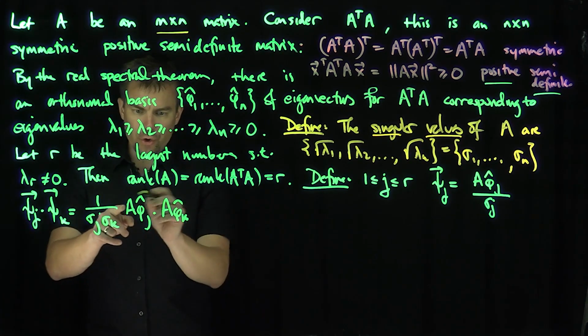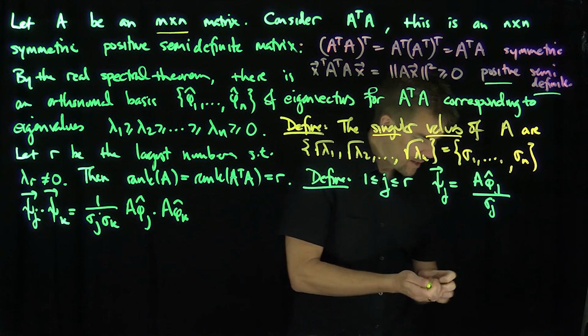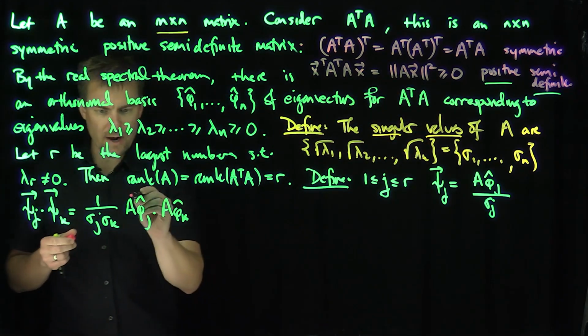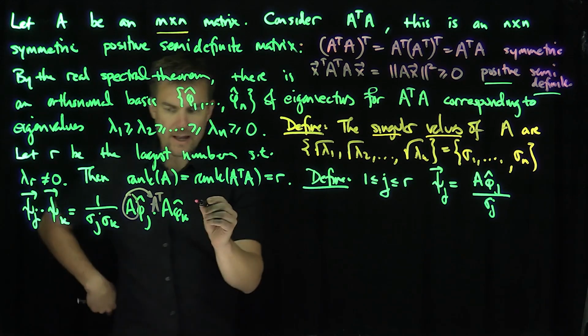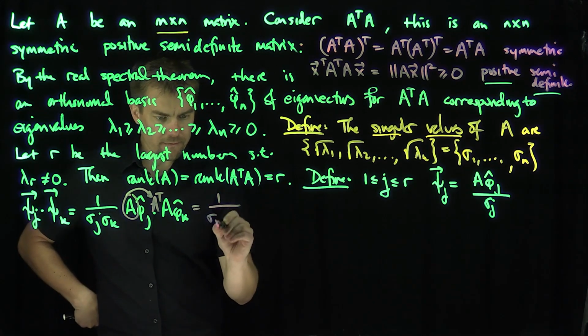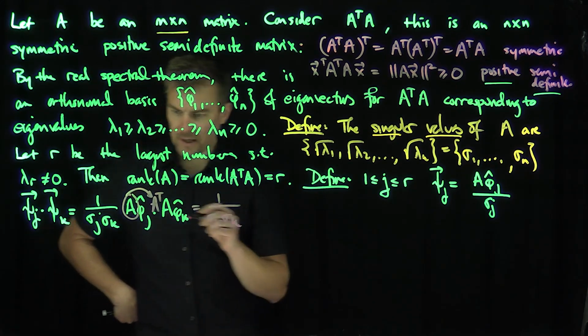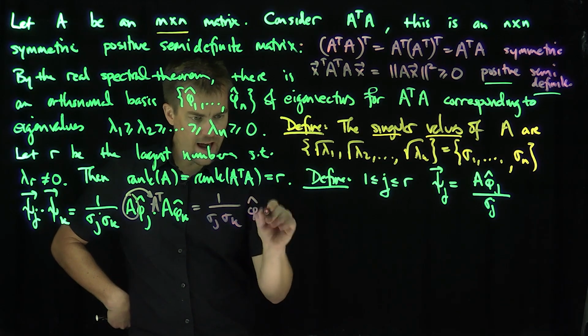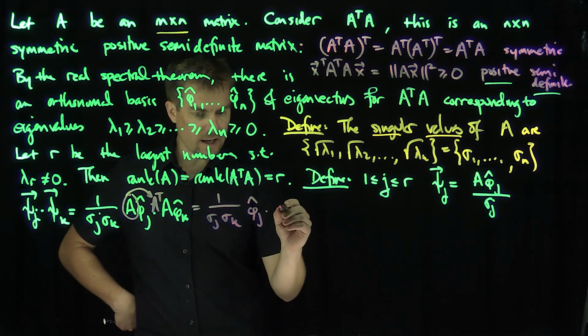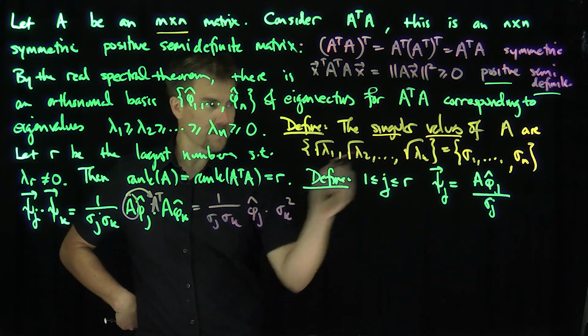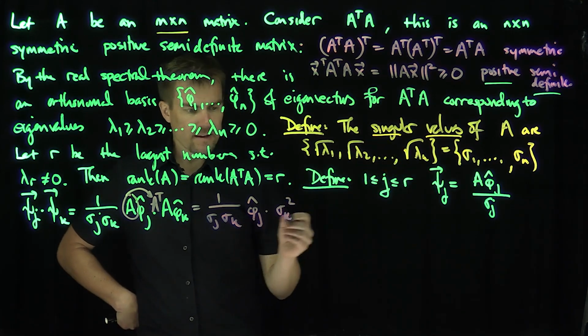Now I can take the transpose and move it over, so it becomes A transpose A. This becomes 1 over sigma j sigma k, times phi j hat dot A transpose A phi k, which is exactly sigma k squared, because that's the eigenvalue, times phi k.